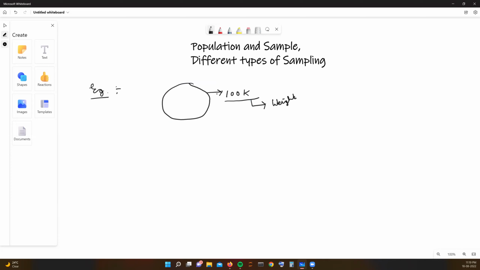It is practically not possible to go to each of these 100K people and gather information about their weight. So what a statistician does is take a sample out of these 100K people.